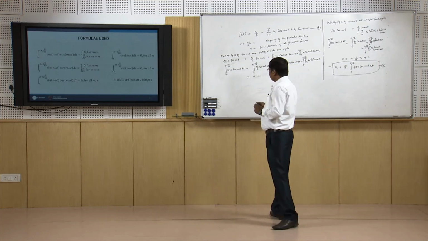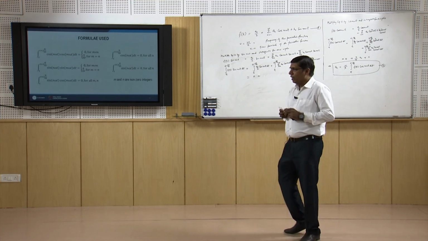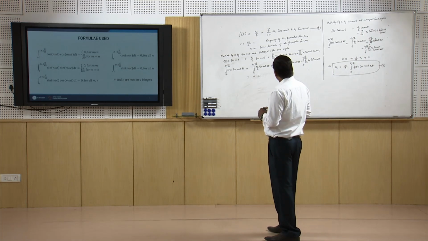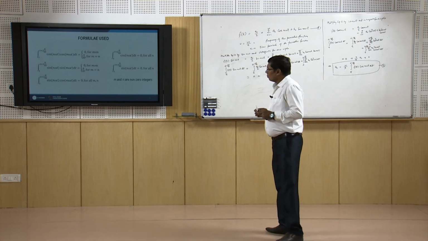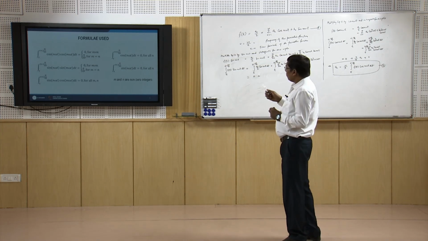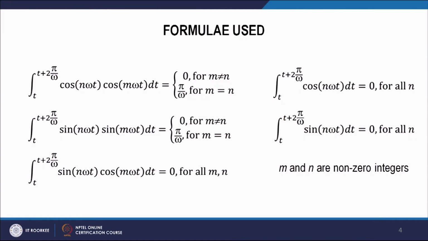The second term is cos n omega t into sin n omega t dt for one cycle, and this is 0 for all m and n. So this second term will also be 0.